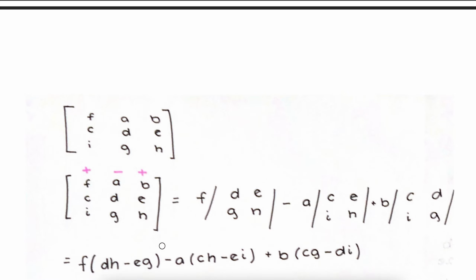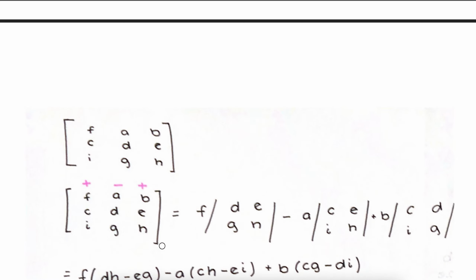When we're solving a determinant, I have here f, and when we have an f here, to find the submatrix, we then multiply this part of the matrix by f. So you can see here that I put it into here.